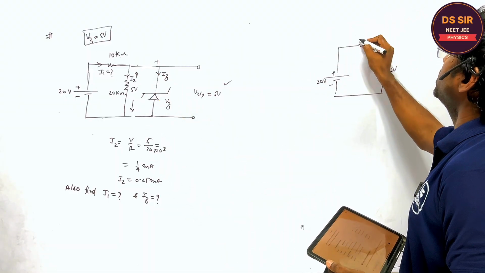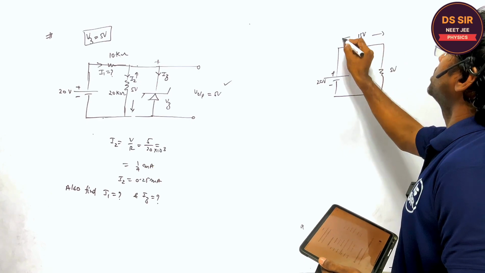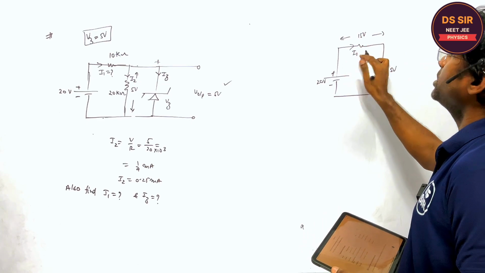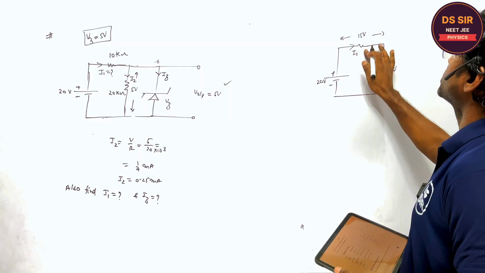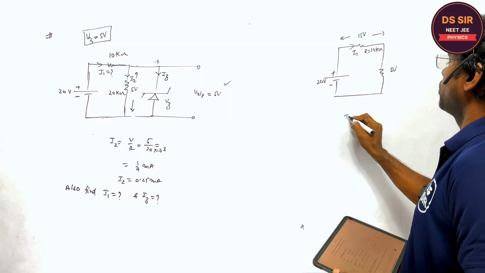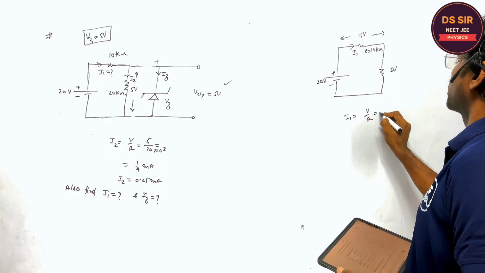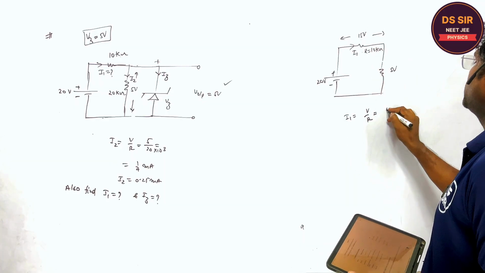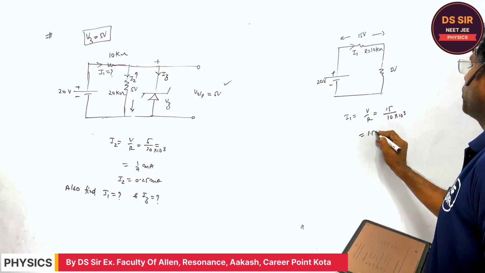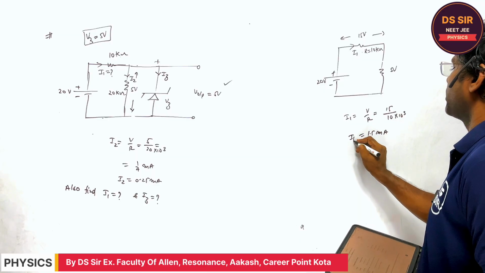What is the potential difference across this resistance? Say 15 volt. Can you find the current in this resistance? The resistance is say 10 kilo ohm. So what is I1? I1 is V upon R. V is 15 volt, the resistance is 10 kilo ohm. So 1.5 milliampere is the I1 current.